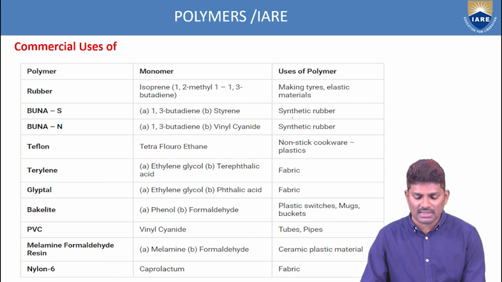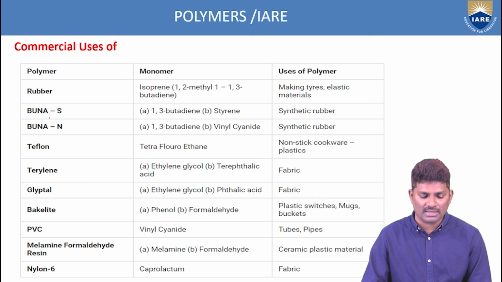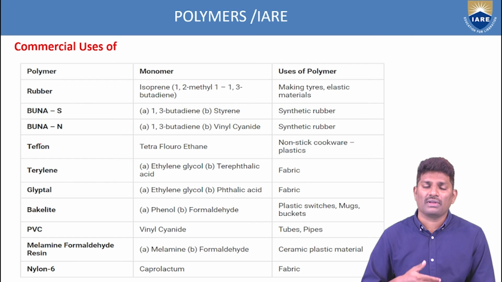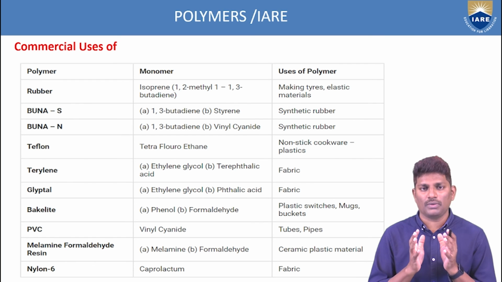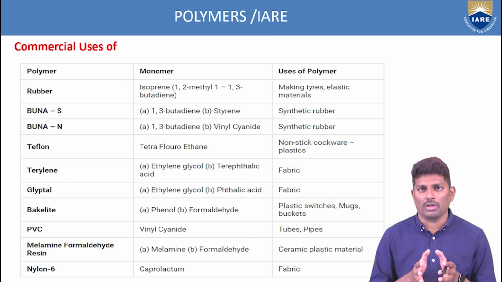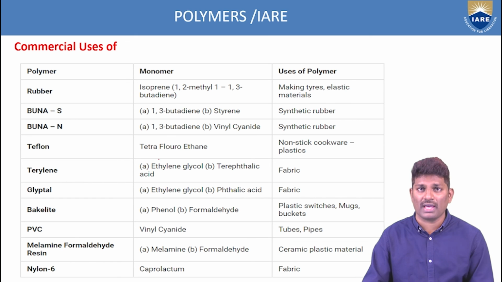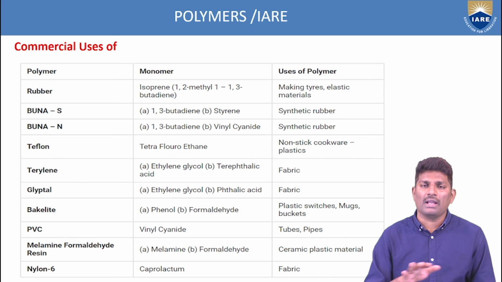And synthetic rubber, like BNS, is another category. How we differentiate these depends upon the composition of the monomer, what type of monomer we have. Based upon the monomer, the polymer is classified, and based upon these two, the application can be defined.